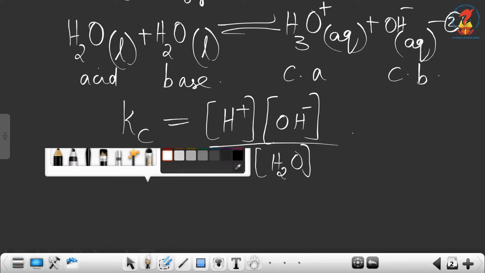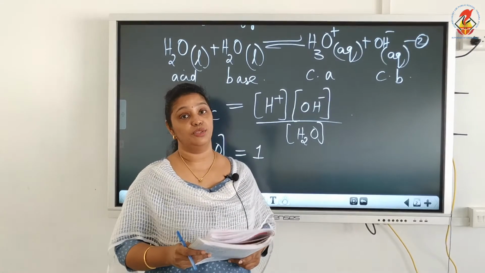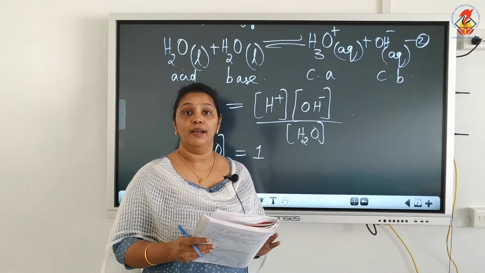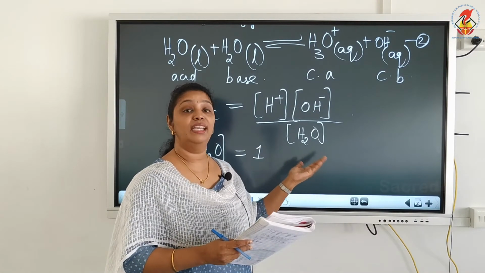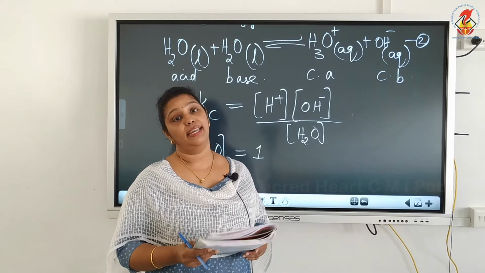And we know that the concentration of H2O in liquid state is taken as 1 because H2O is weakly dissociated. So concentration of H2O is taken as 1. Now this 1 is incorporated along with Kc. It gives rise to a new constant denoted by Kw.